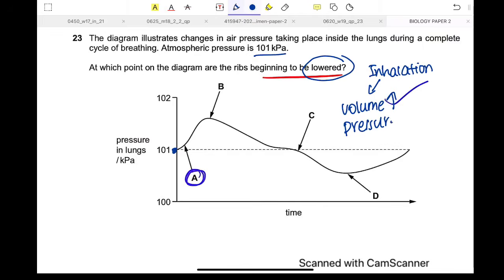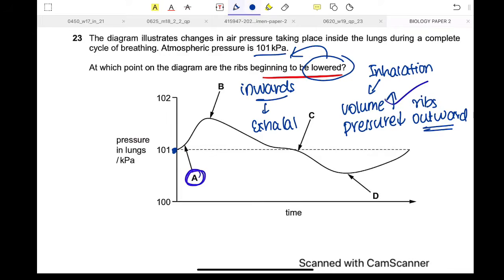And when volume increases, the ribs need to move outward. This is what happens during inhalation, but when the ribs are lowered, they typically move inwards. So this is what happens during exhalation.